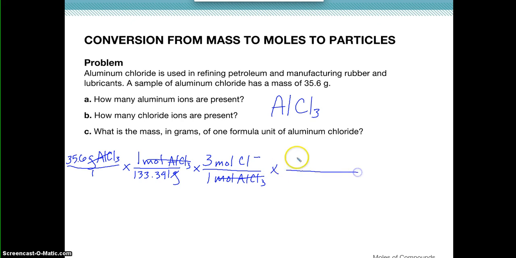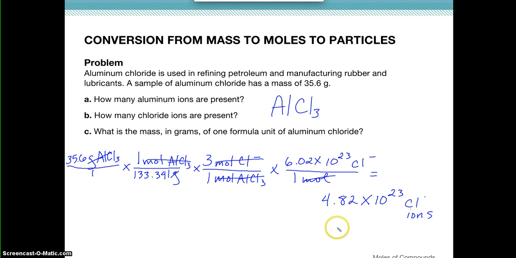And then again, we want to get to how many actual ions are present, not moles, so we use Avogadro's number. All right, again, 3 sig figs, we do our calculation, and we get 4.82 times 10 to the 23rd chloride ions. Very good. That's our final answer for question B.